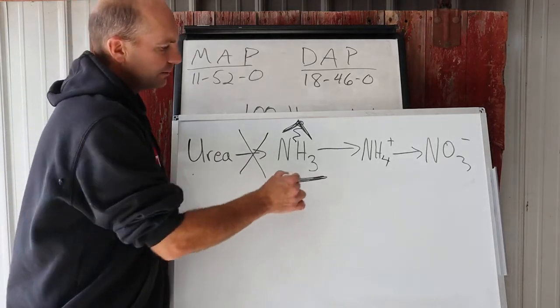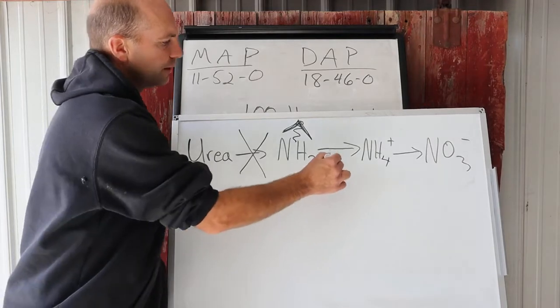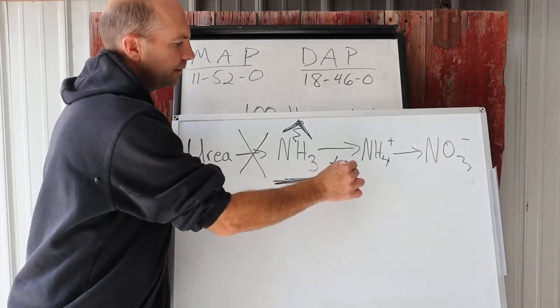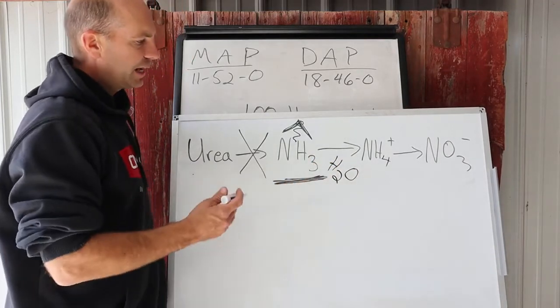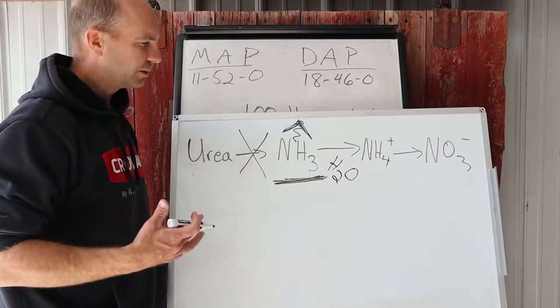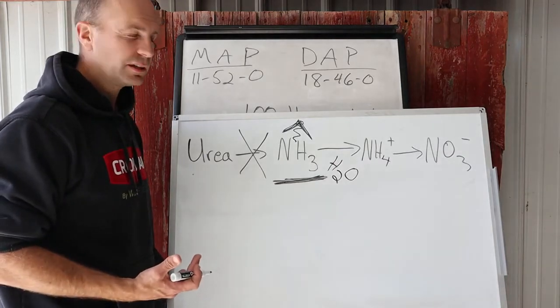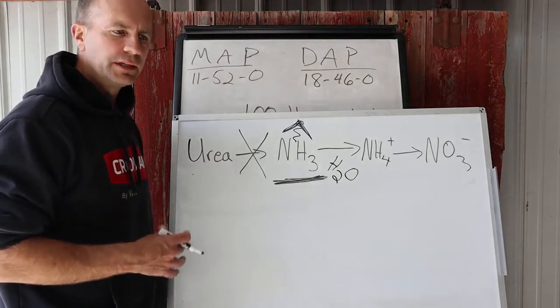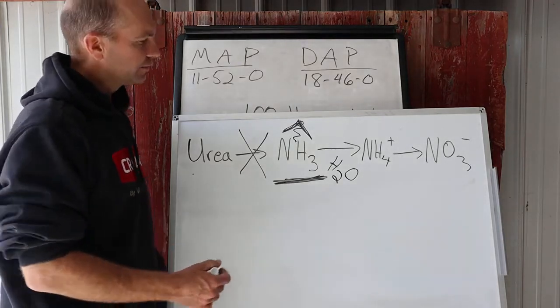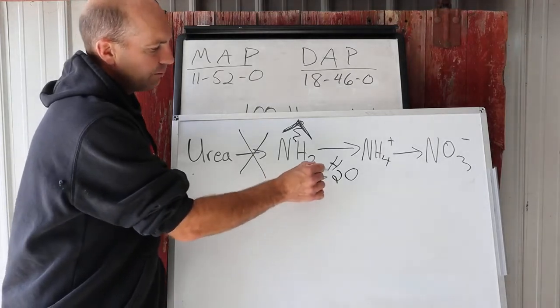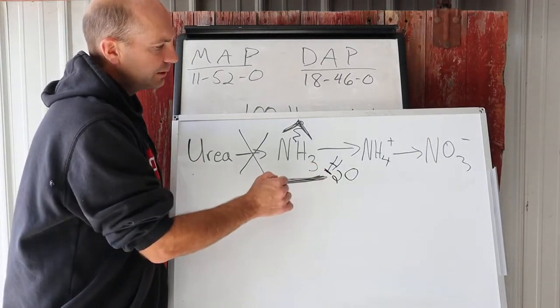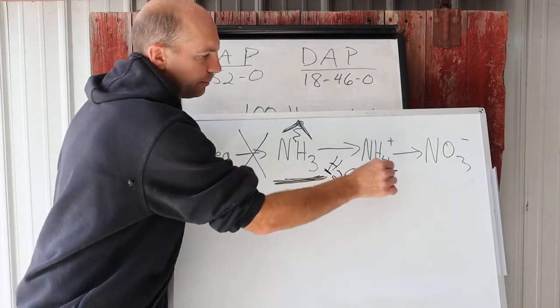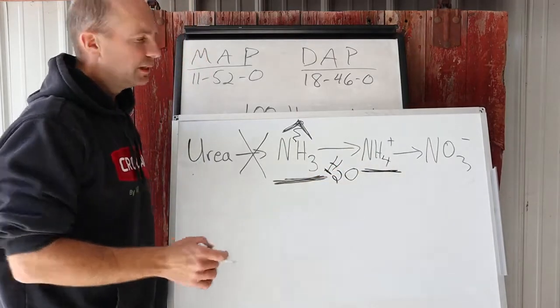Okay, we got our ammonia in the soil. Ammonia, whether it's from urea or anhydrous ammonia, is going to react with soil moisture. And even though we're really dry in western Minnesota this year, there still is moisture in water films around soil particles. There's more than enough moisture there for this ammonia to grab one hydrogen from water to make ammonium, NH4.